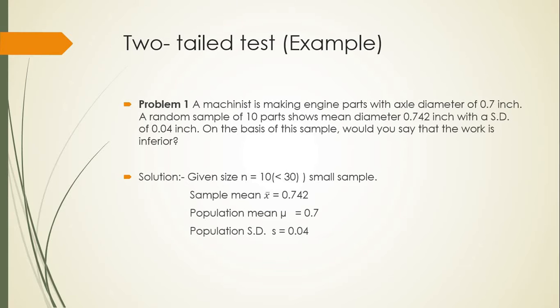So given sample size n is equal to 10, which is less than 30, we'll use small sample tests, not large sample testing. Here the sample mean is 0.742, which is the mean diameter. What is the population mean? It is the axle diameter, that is 0.7 inch, and the standard deviation as given is 0.04 inch.